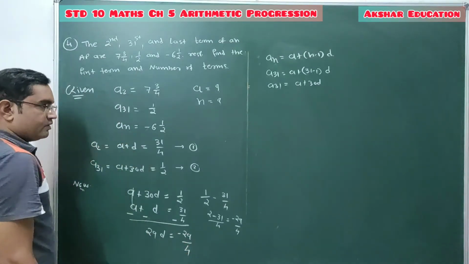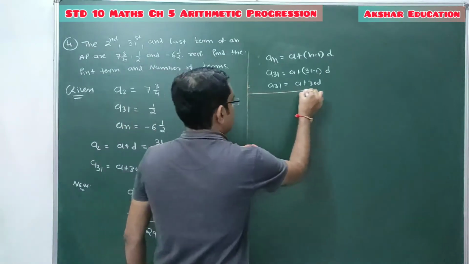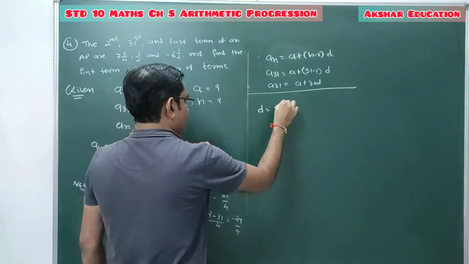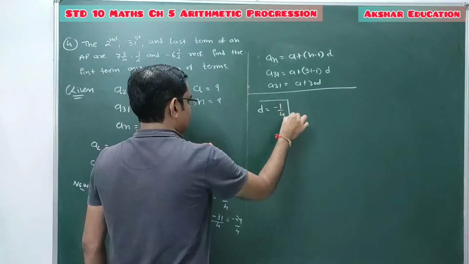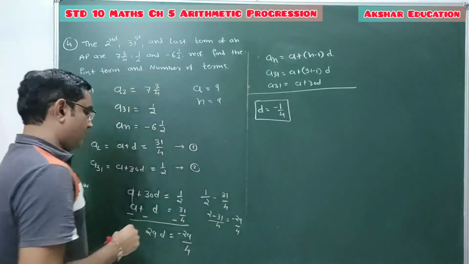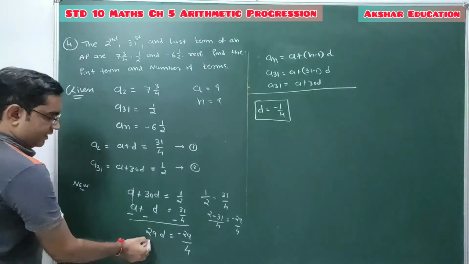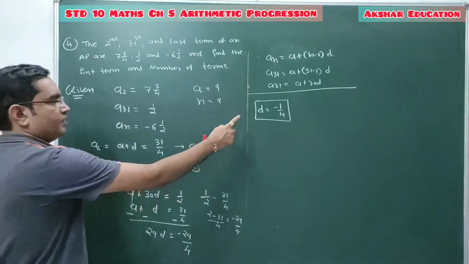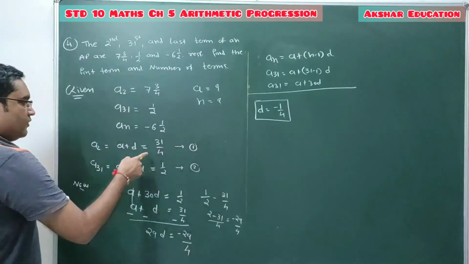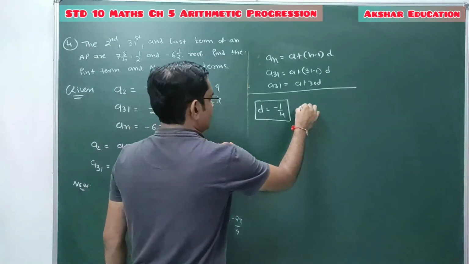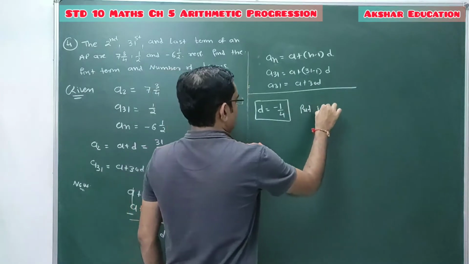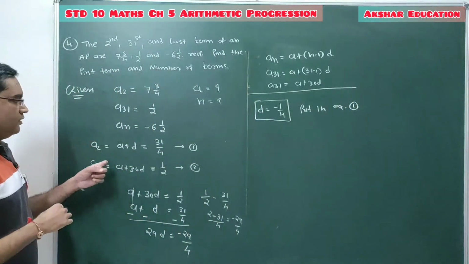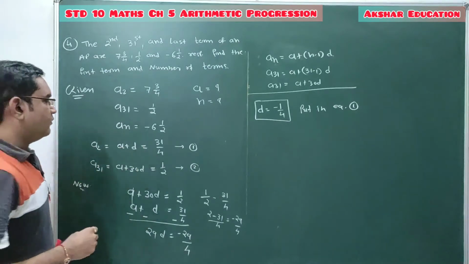Take this 29 in division. So therefore, we are getting common difference d equal to minus 1 by 4. Common difference d equal to minus 1 by 4. The 29 will go in division, 29 will be cut. So d equal to minus 1 by 4. This is the common difference. So put that common difference in equation 1. What is our equation 1? It's a plus d equal to 31 by 4.